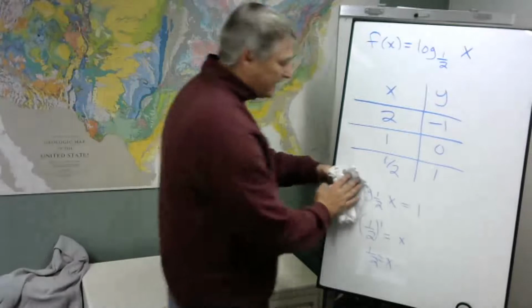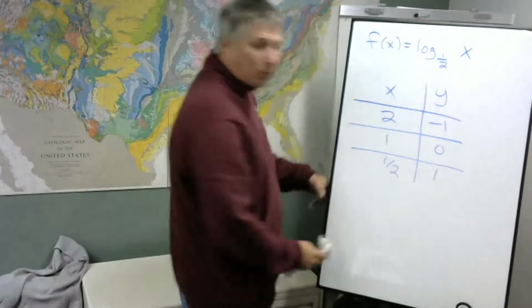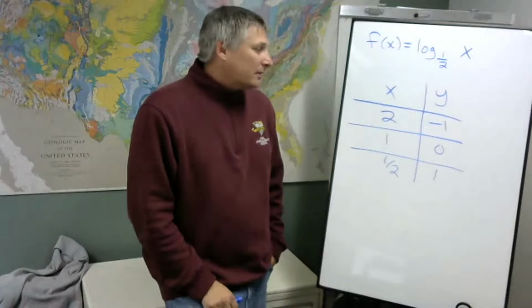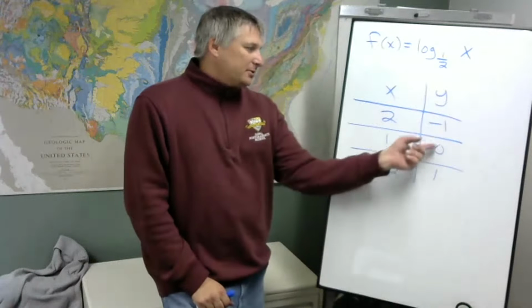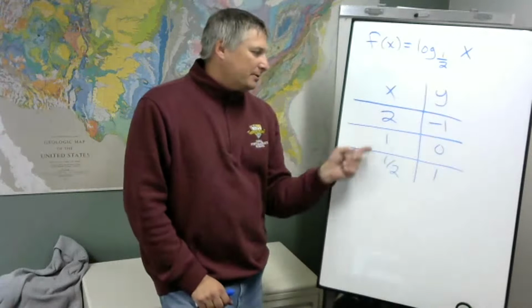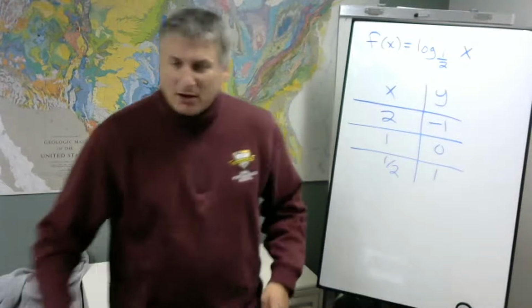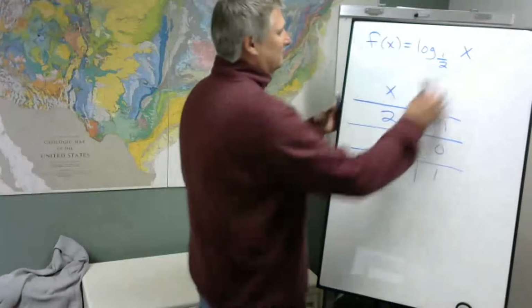So here are our points. And again, they're actually the same coordinates we got for 1/2 to the x power. It's just now the inputs and the outputs have been switched. So let me write these down and we'll graph them.